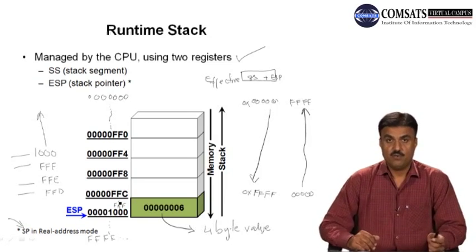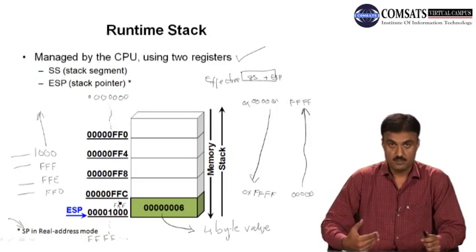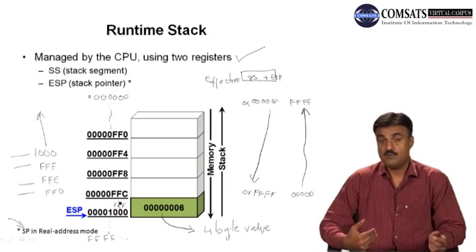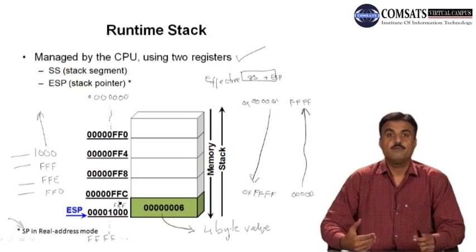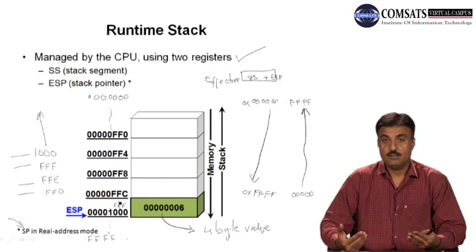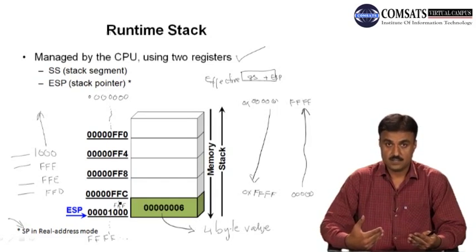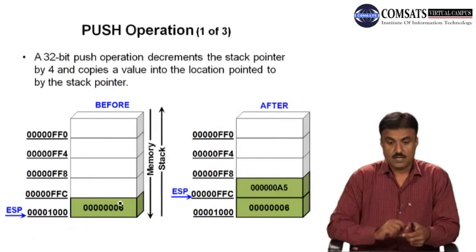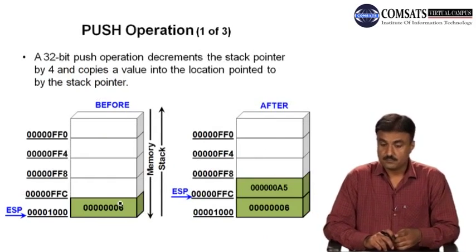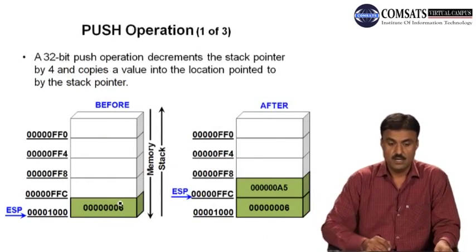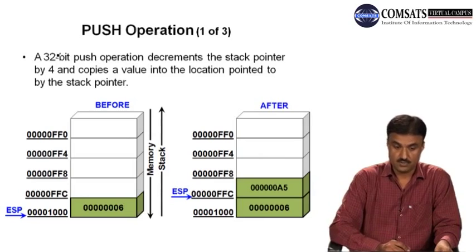Now what are the operations like push and pop? When we perform a push and when we perform a pop operation, what will happen inside this stack? Here you can see a push operation. A 32-bit, or 4-byte, push operation is shown here.